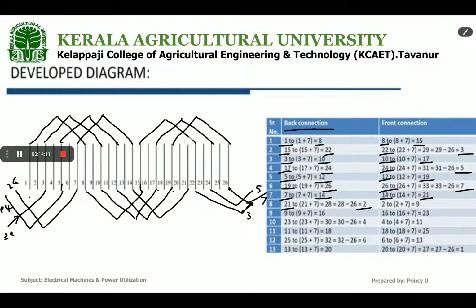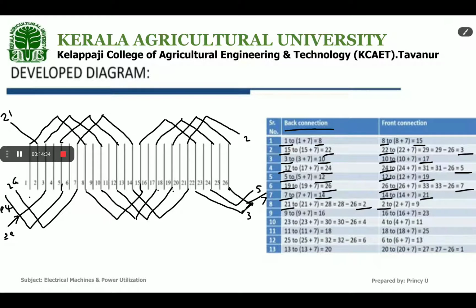Mark it as 2. So at 2 you should get one connection, that is 21 to 2. On this side, connect to 2 and mark it. Okay, 21 to 2.